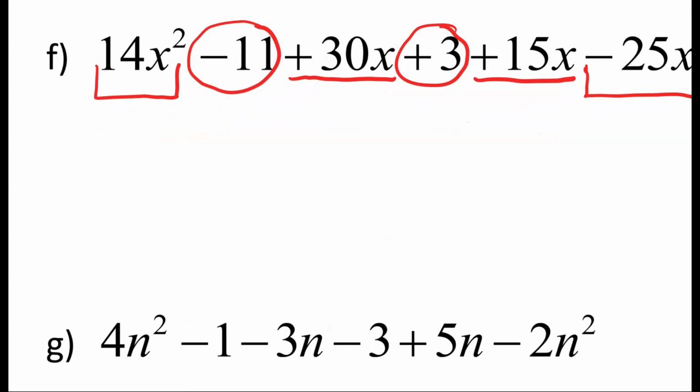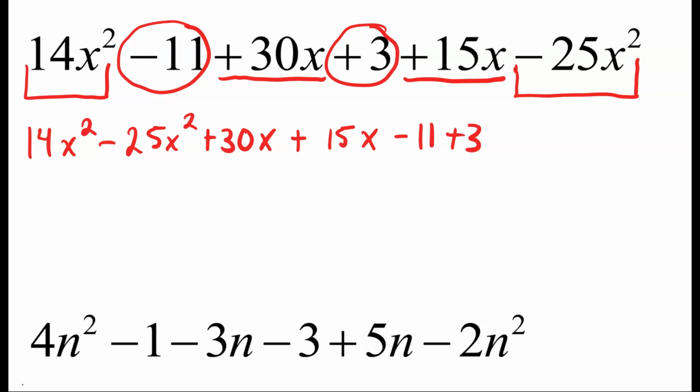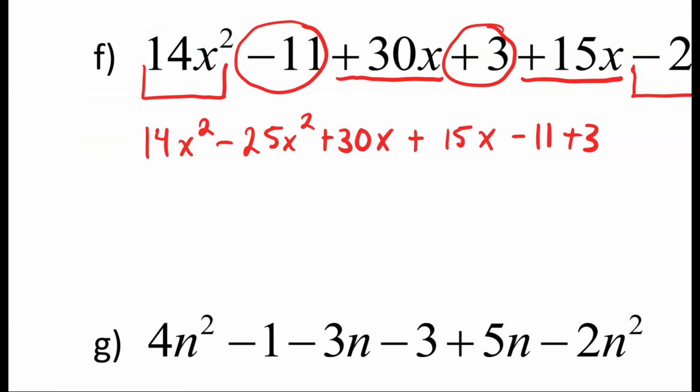When we're putting this together, we have 14x squared and negative 25x squared. Then we have to deal with x, which is plus 30x plus 15x. The last part is the constant, so negative 11 and plus 3. Now we have them all grouped together.